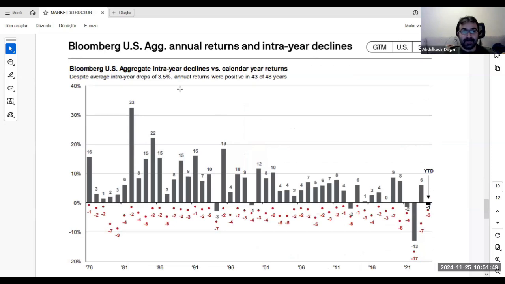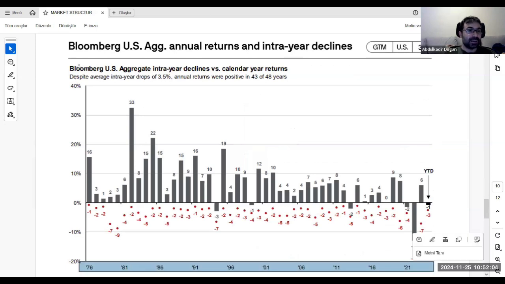And here we have Bloomberg United States aggregate annual return and intraday decline. This is a historical range. It is starting from 1976 and until today, approximately 50 years, and showing that despite average intra-year drops of 3.5%, annual return is positive for 43 years of the 48 years, meaning that only 5 years some decline cannot be compensated.